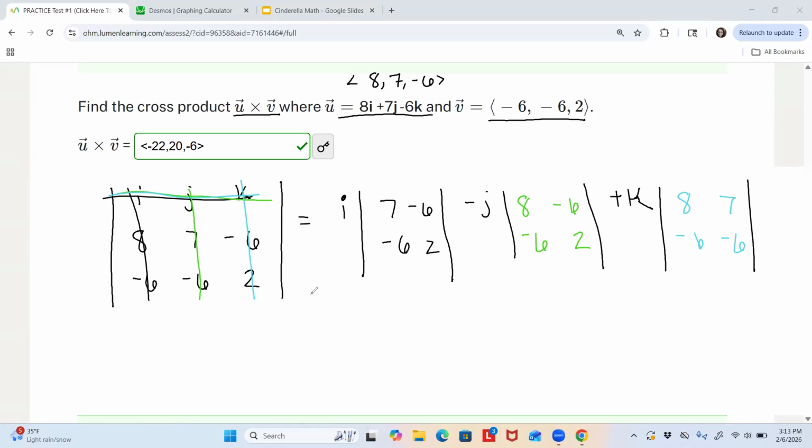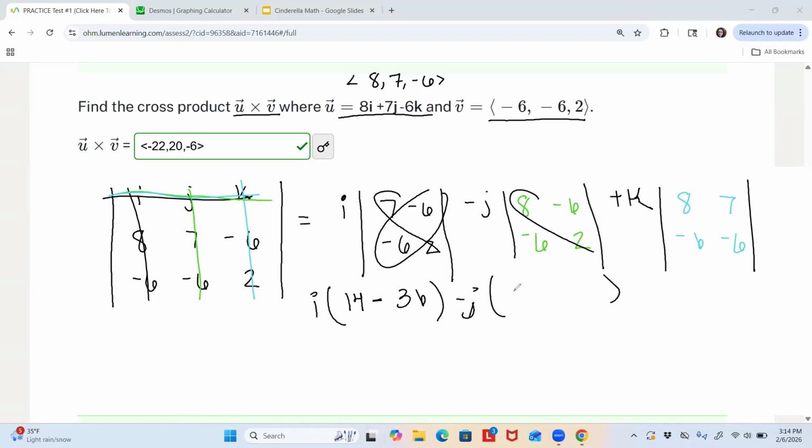So we would have i times, go crossways, that's 14, always a minus, go crossways, that's 36, minus j, go crossways, that's 16, always a minus, go crossways, that's 36, plus k.